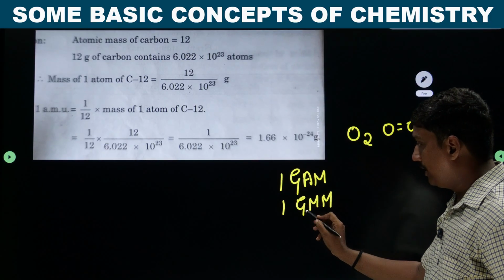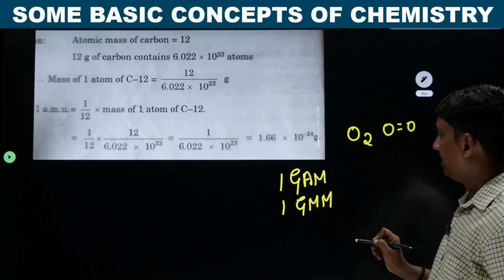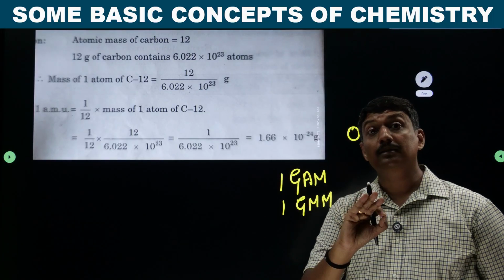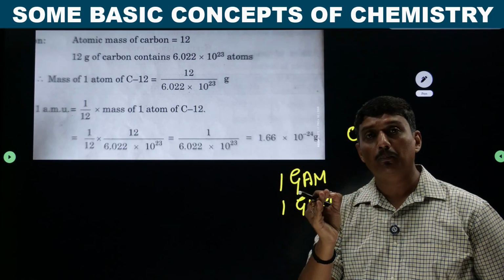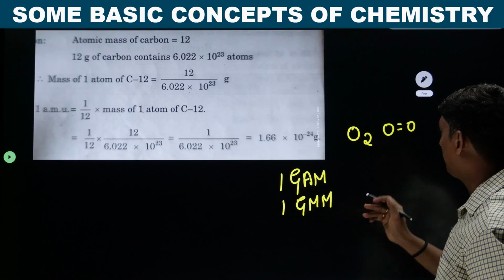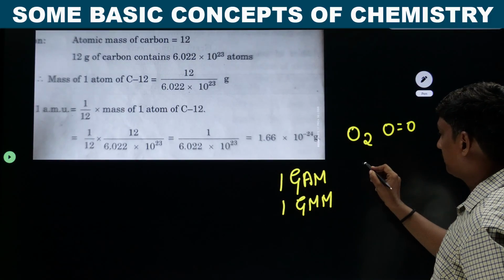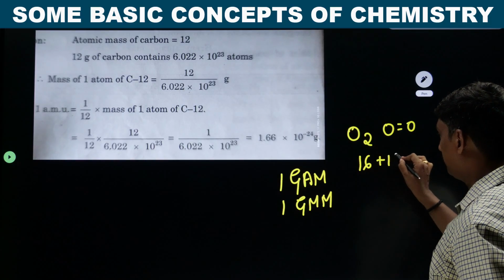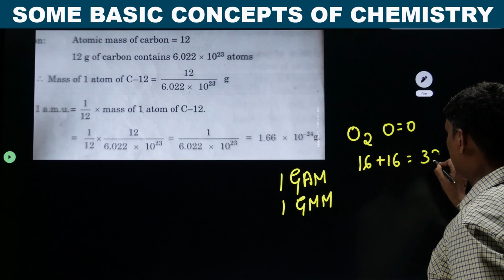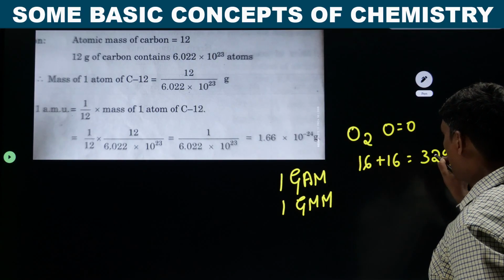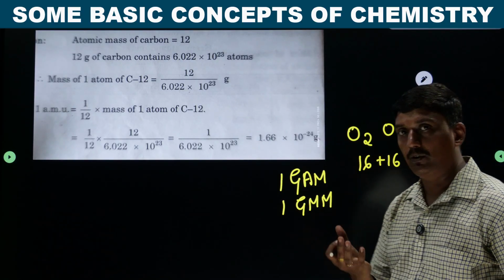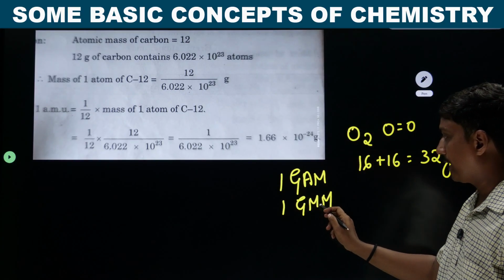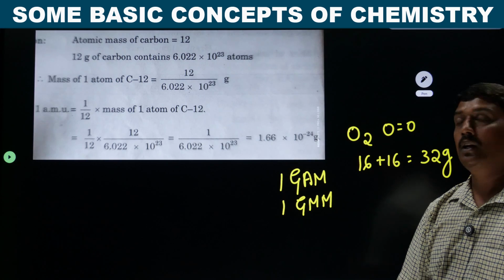We should consider molecular mass. How to calculate molecular mass? Molecular mass is the sum of the atomic masses. Oxygen is 16, another oxygen 16, which is equal to 32 gram molecular mass, 32 grams. If you take 32 grams, it is equal to 1 gram molecular mass.